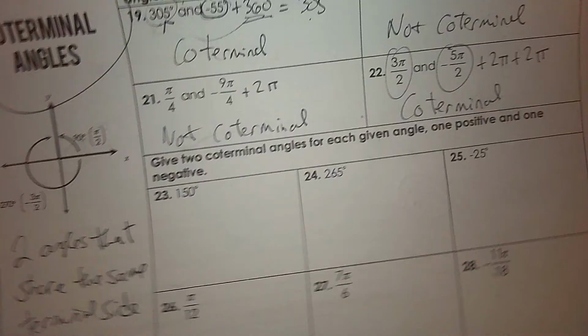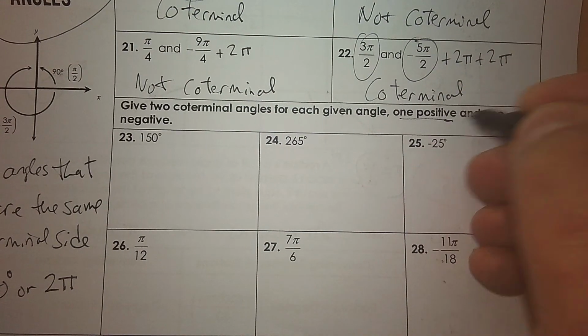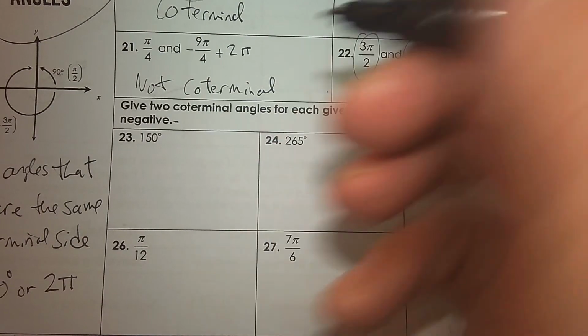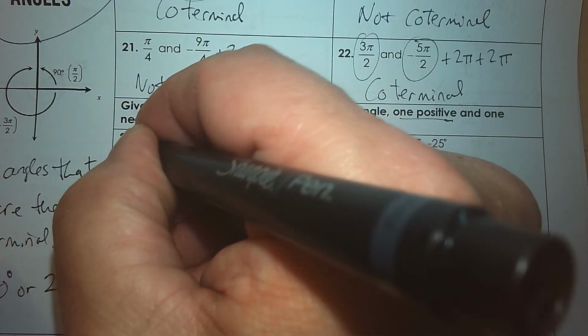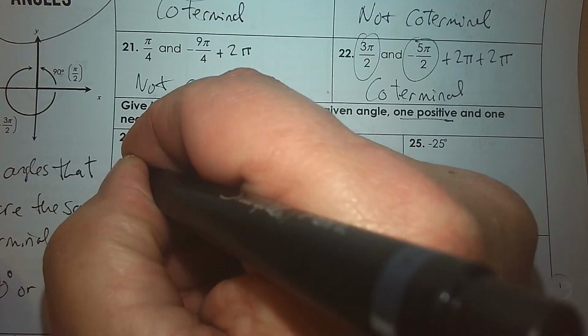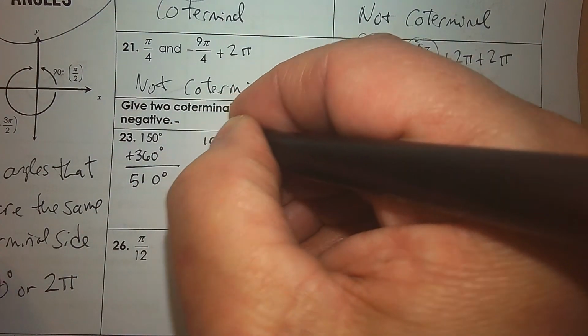All right, here we go. 23, last part of the lesson. Can you give one positive angle and one negative angle that's coterminal? If I want a positive angle, what am I going to add that's coterminal? 360. If I want a negative angle, I'm not going to add.